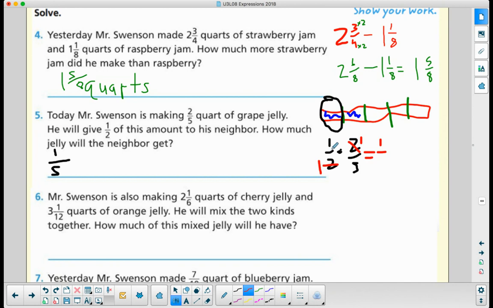And multiply denominators, 1 multiplied by 5 is 5. 1/5 is correct, and my diagram shows that. 1/5 of a quart. Especially when multiplying fractions, you have to remember what was my whole. My whole is 1 quart.